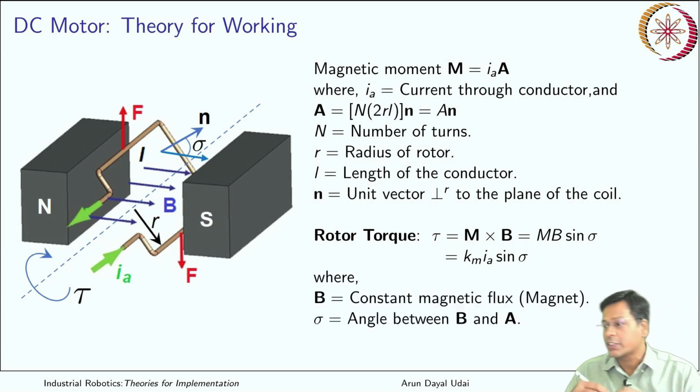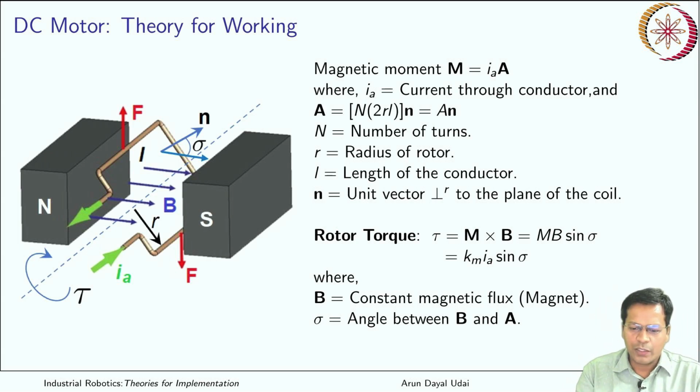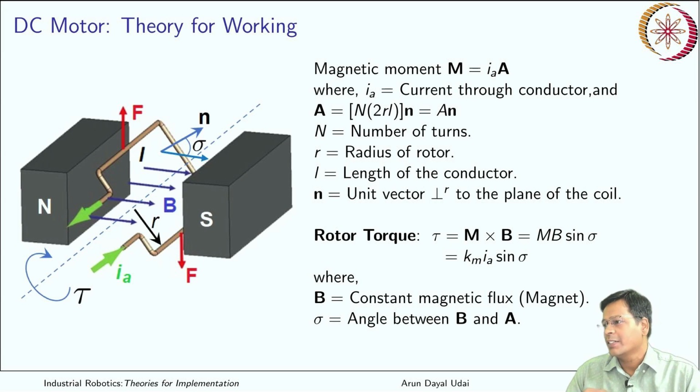B is the constant magnetic flux, because these magnets are permanent magnets. Even if it is an electromagnet, it doesn't matter, the current is always constant through the exciter coils. That makes that electromagnet a constant magnetic flux one. So the field remains constant. Sigma is the angle between B and A. So finally you get torque equal to Km Ia sine sigma.